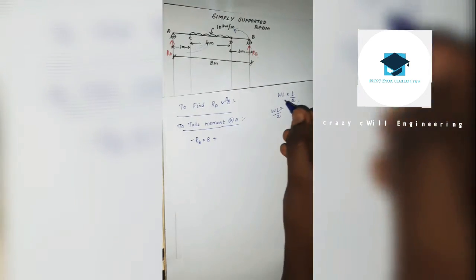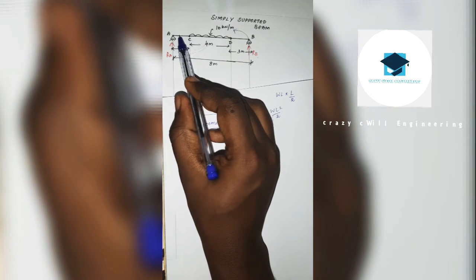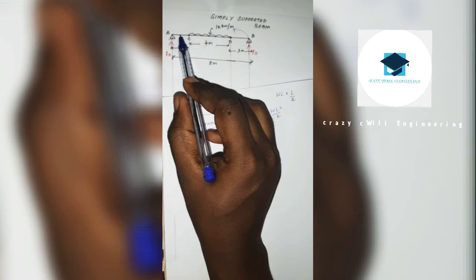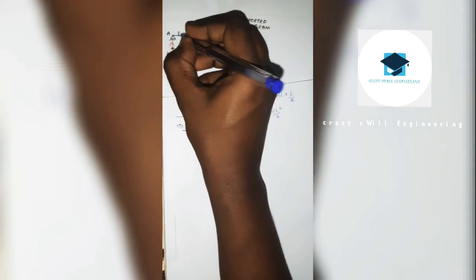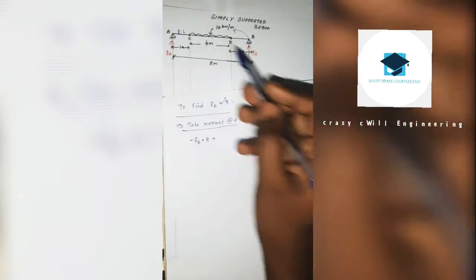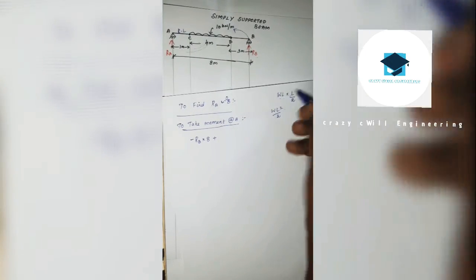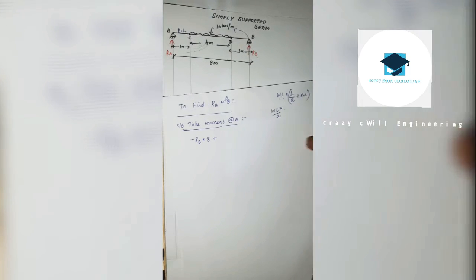Here we have to write it separately, because between A and C there is no load, but due to this UDL some moment is created here. So we have to consider this remaining length. For this purpose, the formula is changed as W into L into L by 2 plus remaining length.